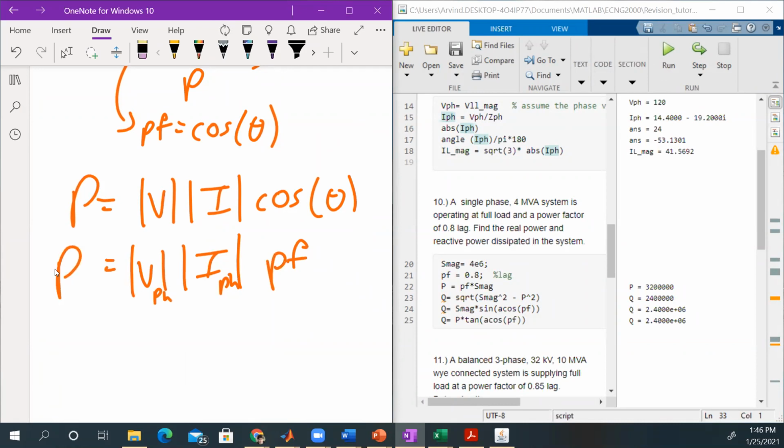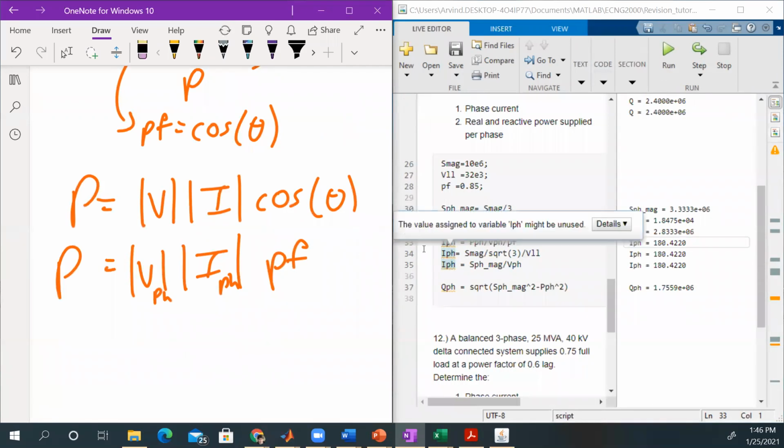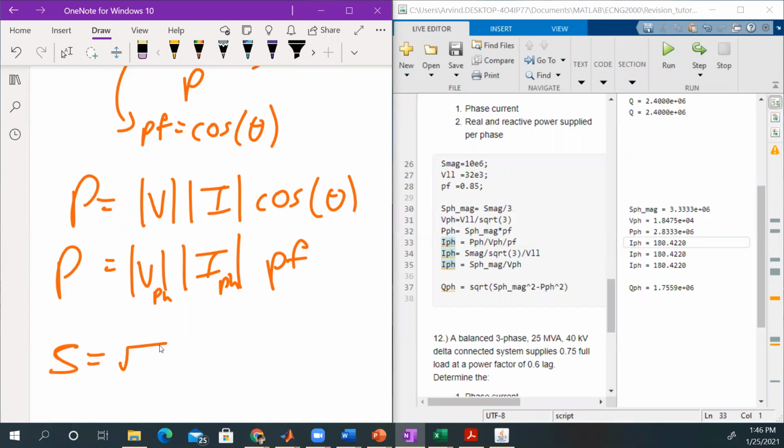So rearranging that, I get I phase is equal to P phase divided by V phase divided by the power factor, right? And that works out to 180.4. Or I could also use the equation S is equal to root 3 V line to line I line.